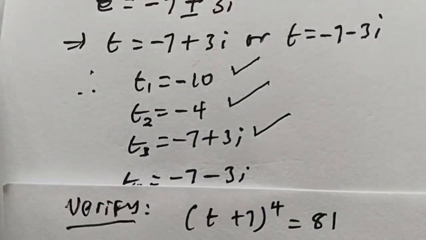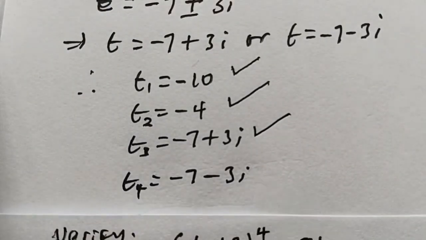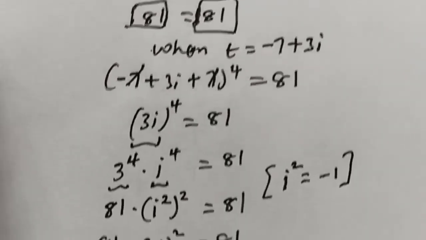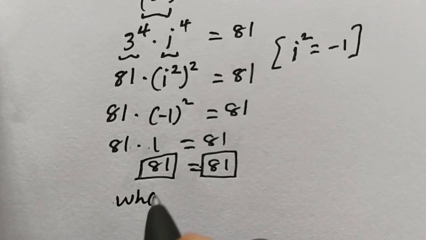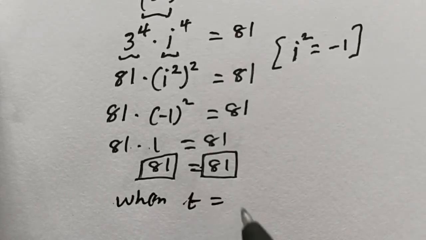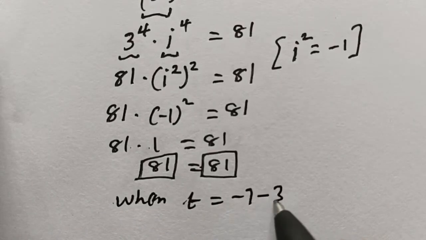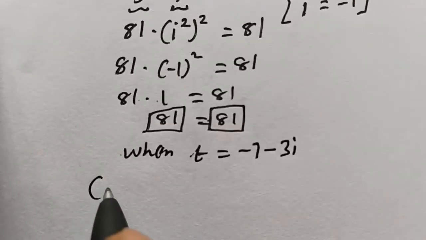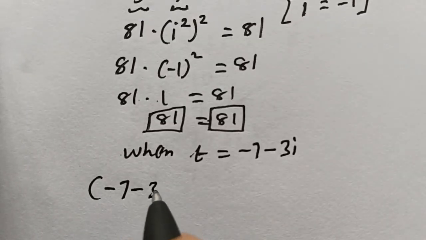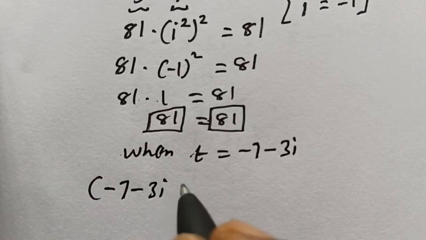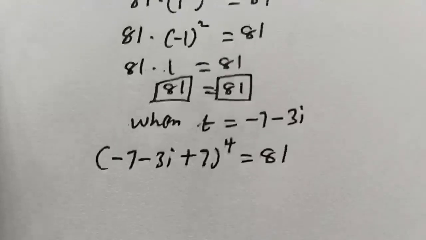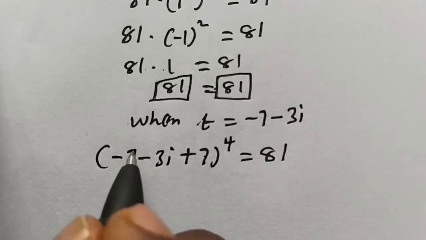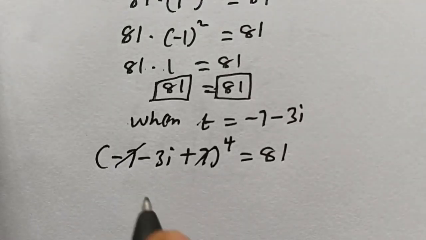Now, the last but not the least, let's verify the fourth answer. So, when t equal to minus 7 minus 3i, similarly, we have minus 7 minus 3i plus 7 to the power of 4 equal to 81. Minus 7 plus 7, that goes off.